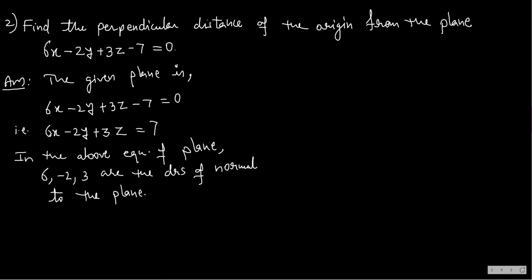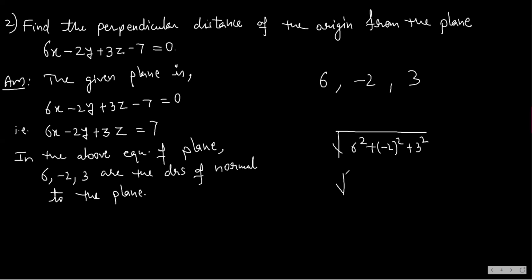I want to get the DCs. So what I will do, students, you already know it. If you want the DCs of the normal from the DRs, you will divide each number by the square root of 6 square plus minus 2 square plus 3 square.